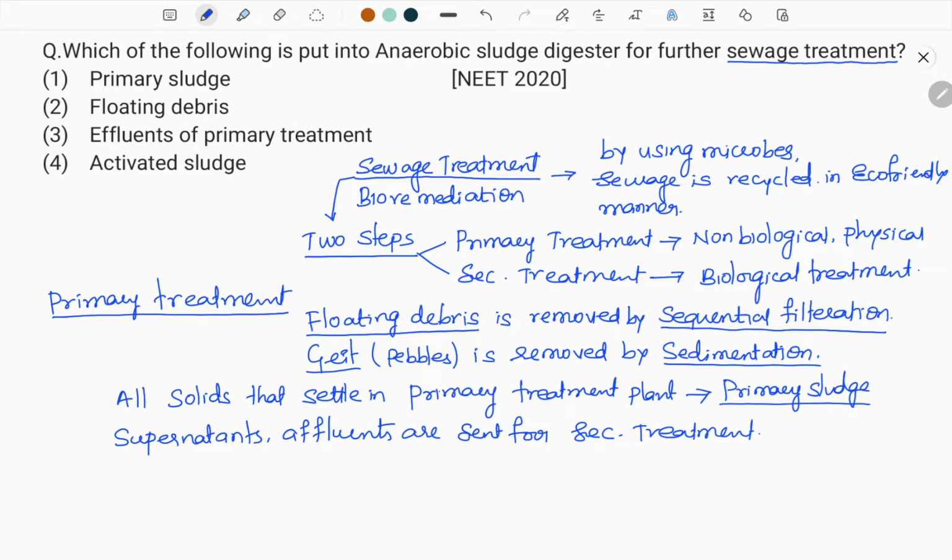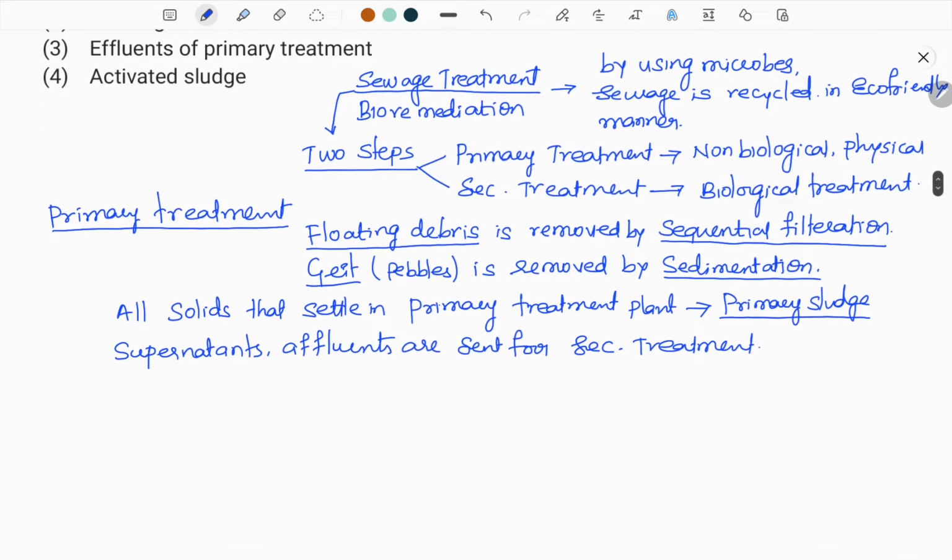Let us see what this secondary treatment is, where the microbes are involved. The secondary treatment plant, what we call STP.